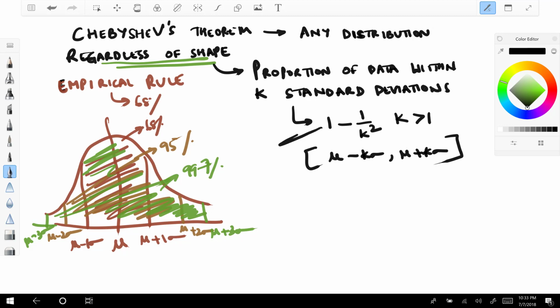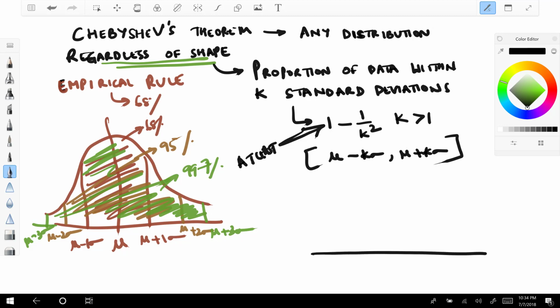So this is actually at least 1 minus 1 by k square is the percentage of the data that will lie between the mu minus k sigma and mu plus k sigma interval. So for example, we can have any curve.